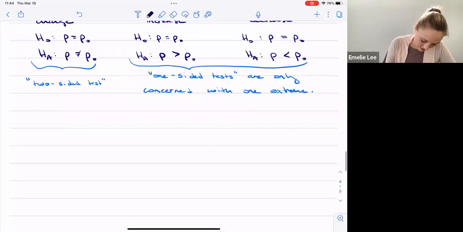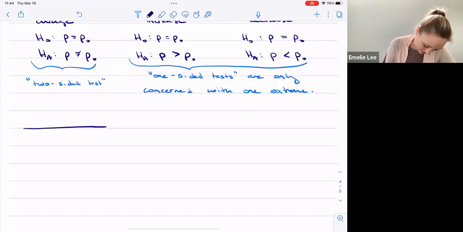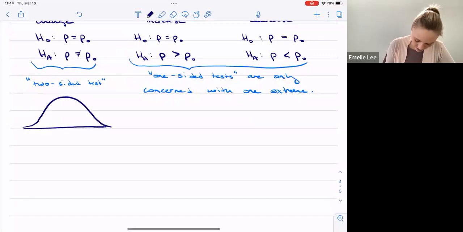Each of these I can visualize by drawing a normal distribution.